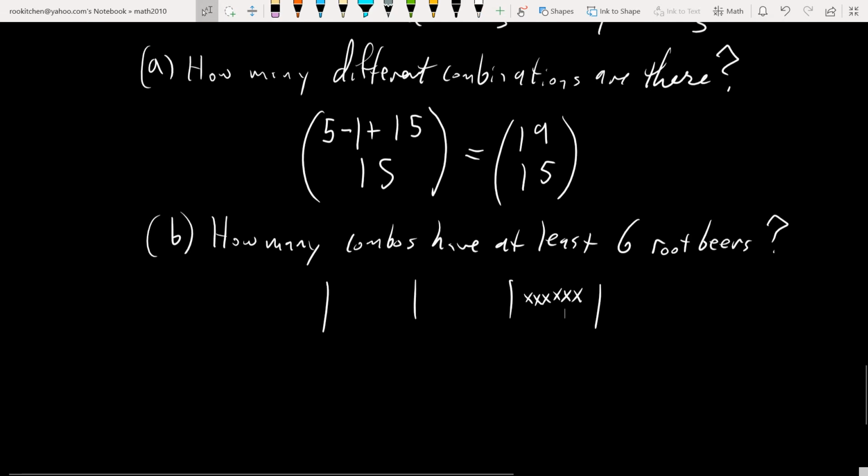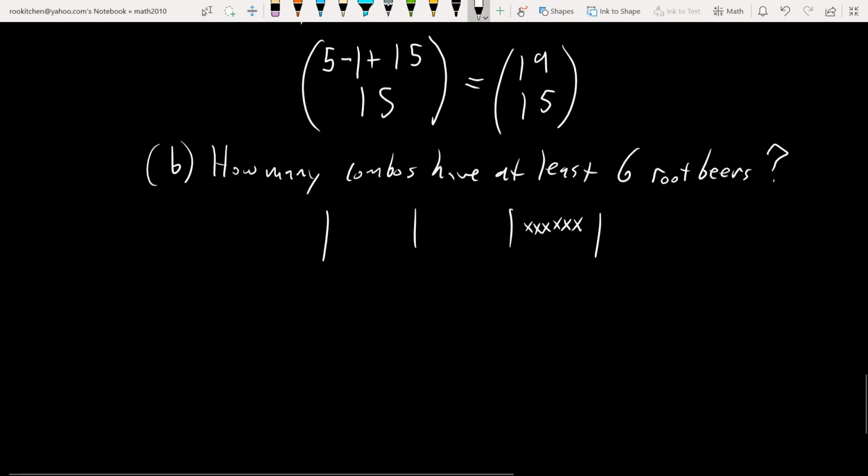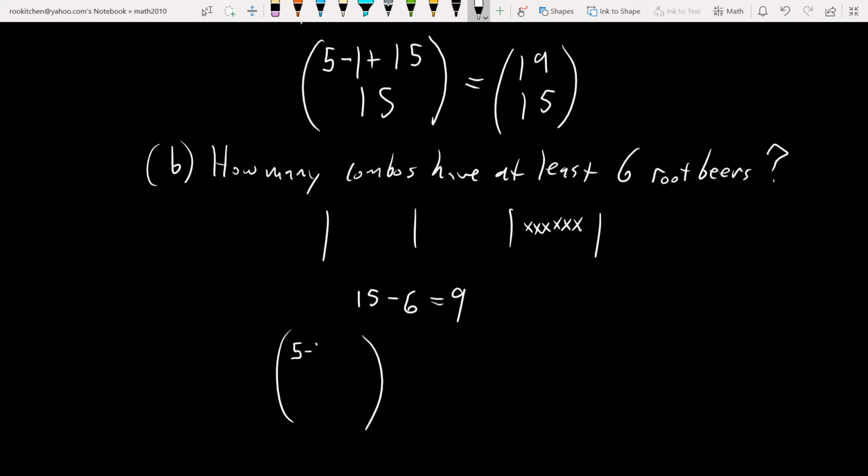So what do you have left over to figure out? Originally you had 15 X's, and now you've already used 6 of them, so you have 9 left. So in your counting, you're still thinking of 5 minus 1 categories, those 4 slashes, and then you're adding in the 9 X's and choosing 9.